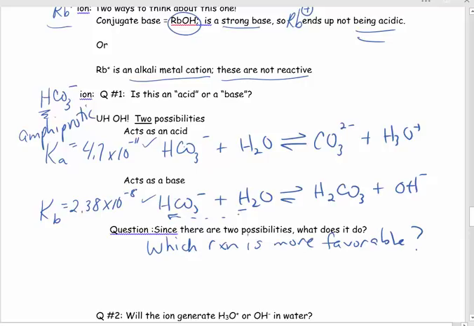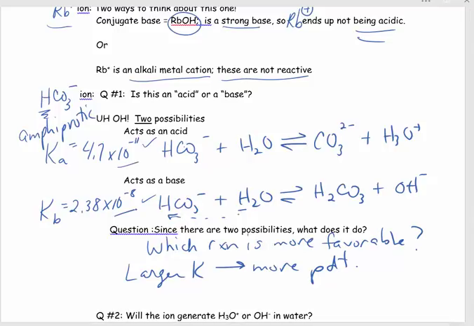All right, so which one is more favorable? Remember, we want a larger K to get more product, right? And so the larger one is 10 to the minus 8th.